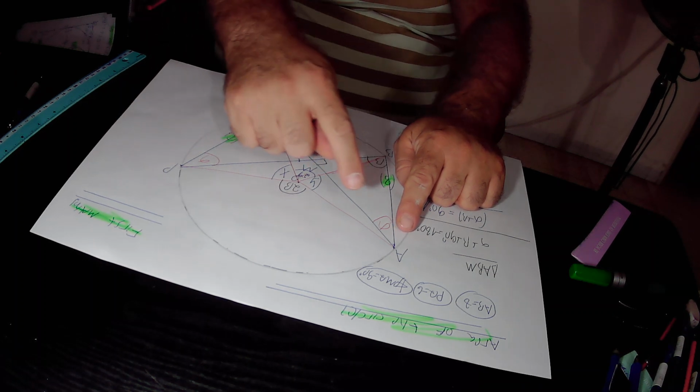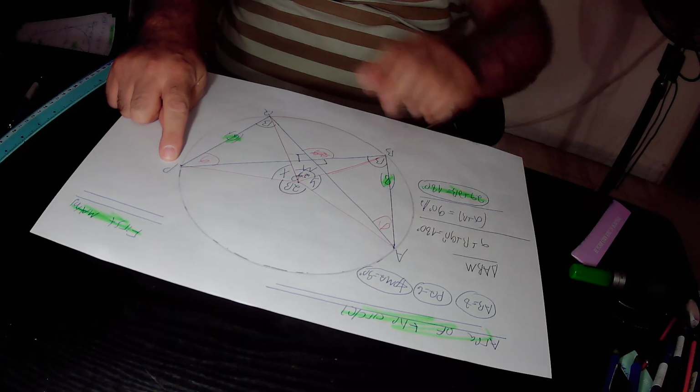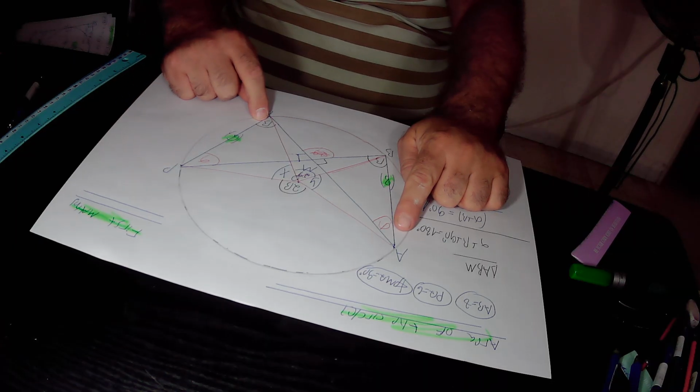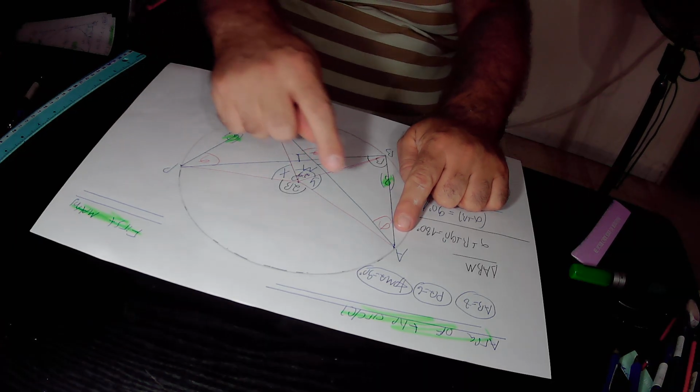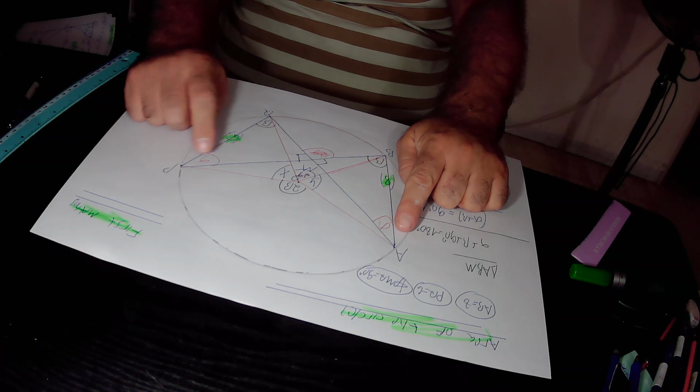Peripheral angle ABQ subtends on arc AP. Therefore, it is equal to beta in size. And therefore, the size of central angle AOP that subtends on the same arc AP must be equal to 2 beta.